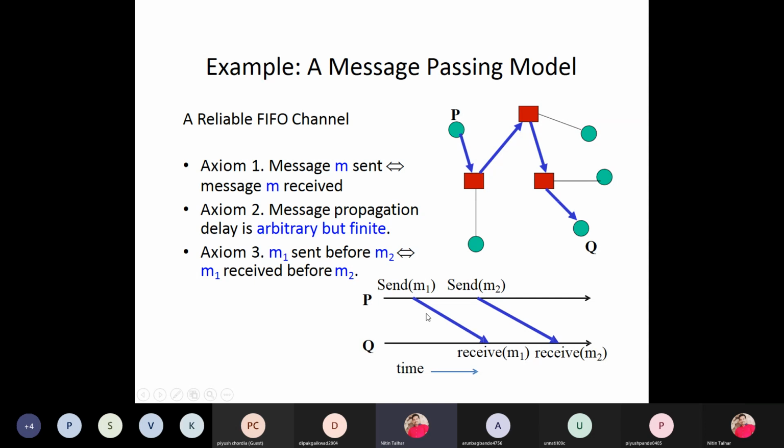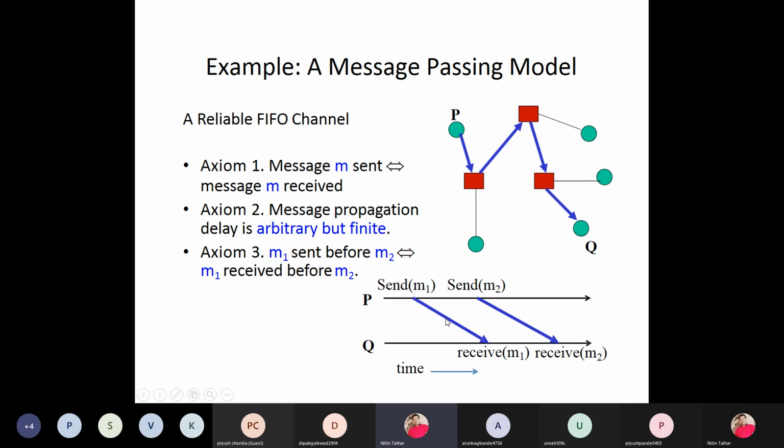Whenever P sends a message M1, a timestamp is marked at that particular moment, and when the message is received at the other end, you can also see when it is received.